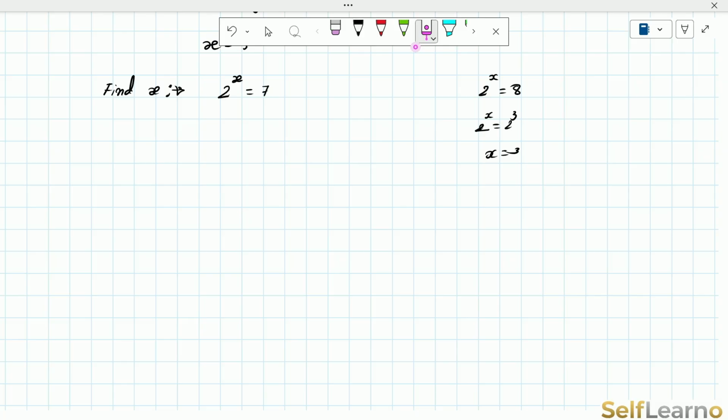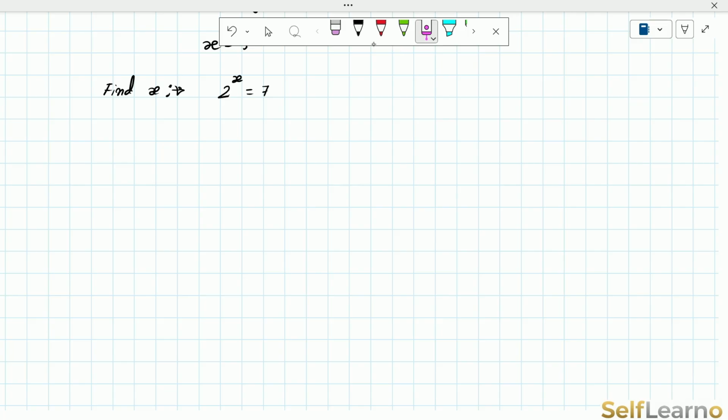But in our question, the problem is 7, not 8. Big problem. So log was developed to handle this question, my dear students. The whole concept of logarithm was developed to handle this kind of equations and problems.